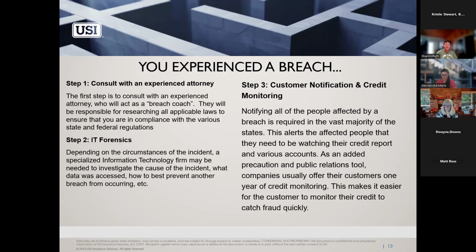If you're doing everything in-house, look for IT specialists that are experienced in trying to find out what the breach was, how it happened, and how to prevent it. Then you've got to start figuring out who's been impacted, notifying your customers.